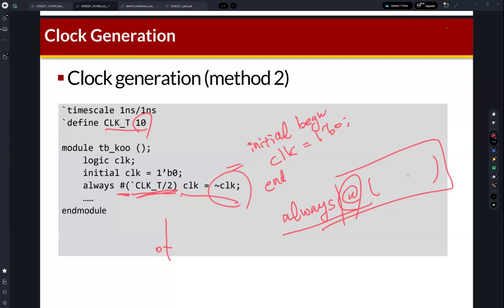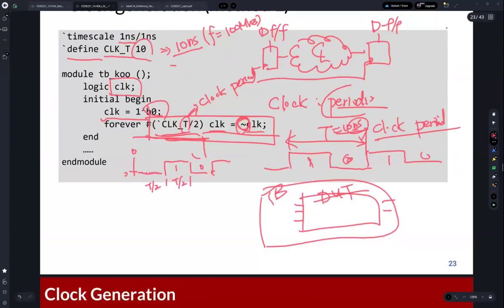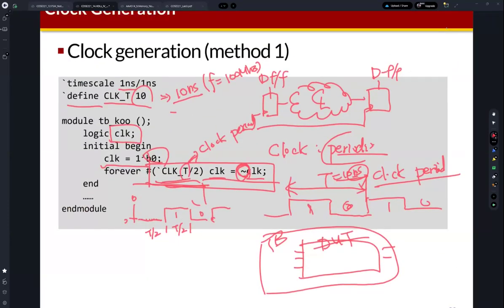In this example, I use the sharp sign instead of at for the always statement. So it means that at every delay of time, where the delay is the clock period T divided by 2, the clock is inverted. So the meaning of this always statement is the same as the meaning of this one. Okay, so forever.